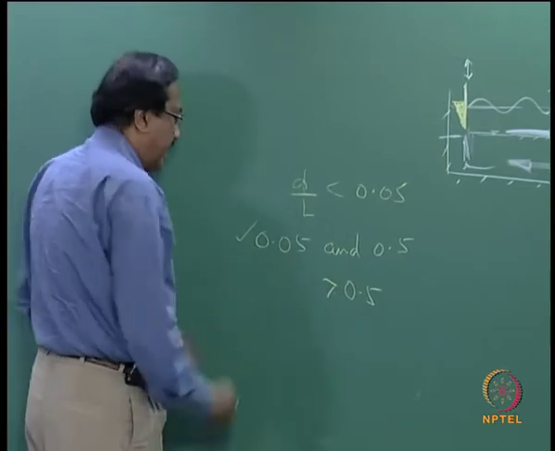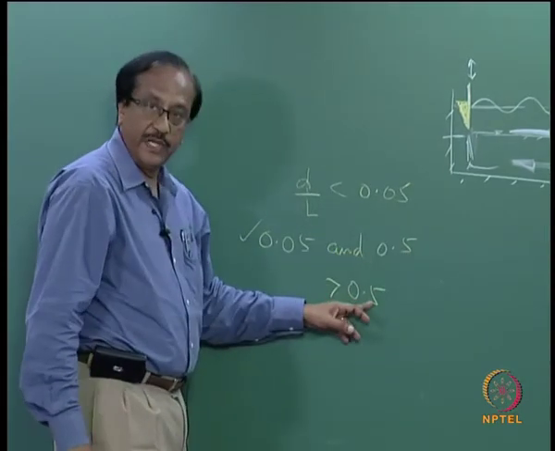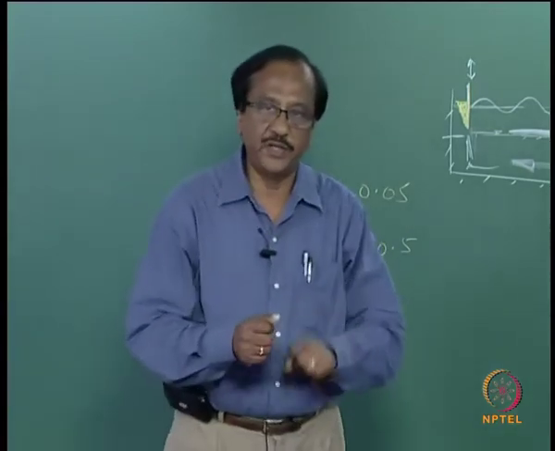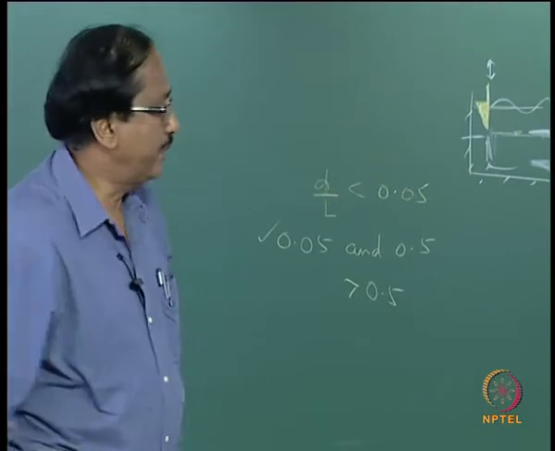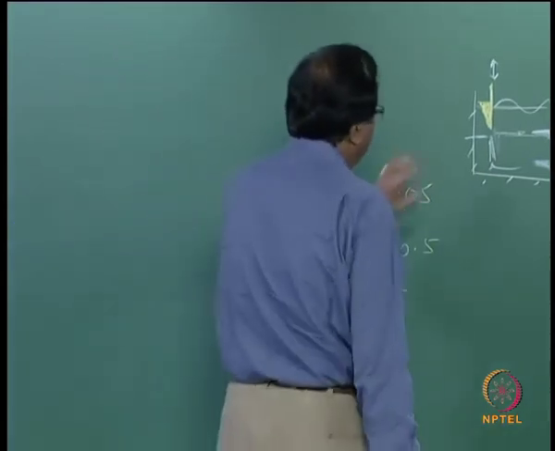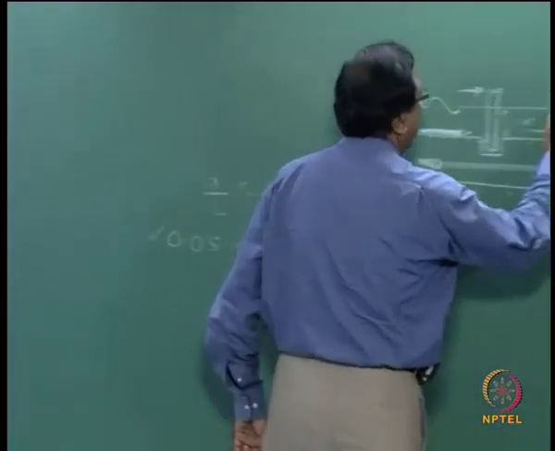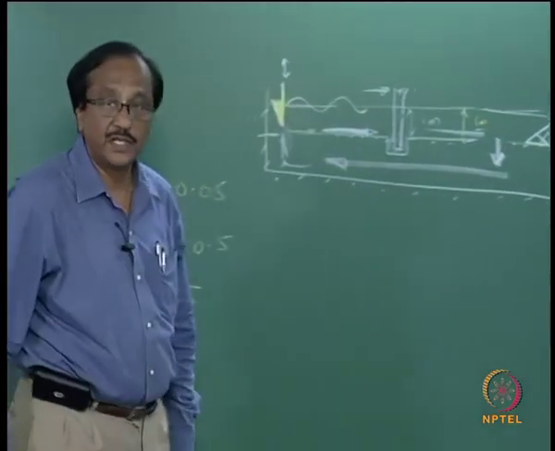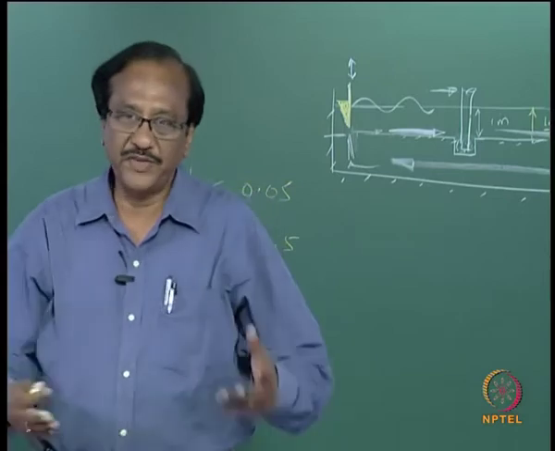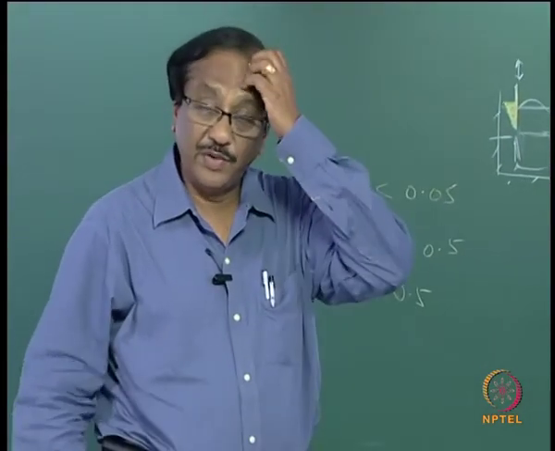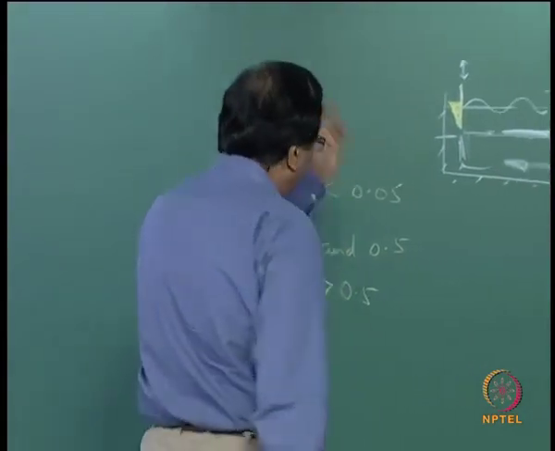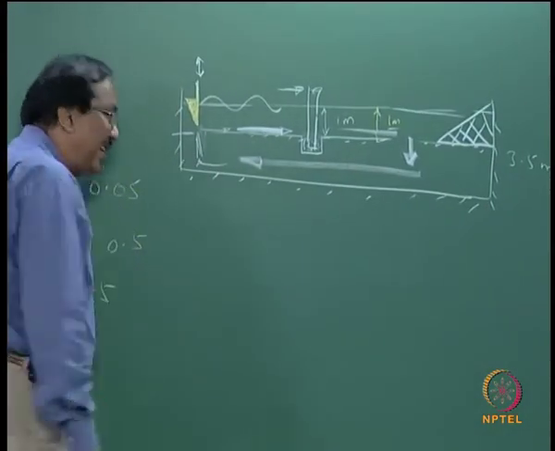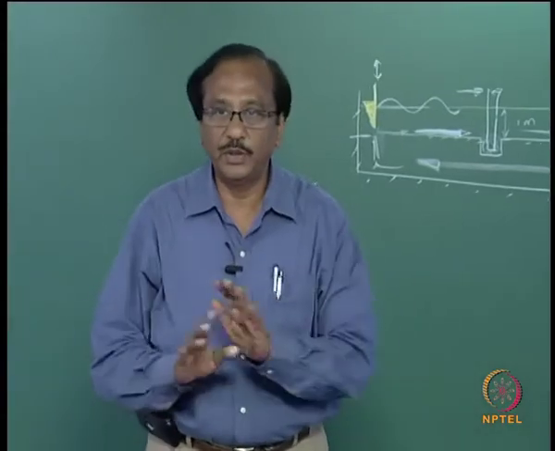Although you will be mostly covering this range, you will still be able to reach this limit for certain combinations of the water depth, because in this case the water depth is more or less fixed as 1 meter, it is almost a constant water depth. But the facility, you cannot have all the things in one facility. To begin with, this was a better way. This could generate only the regular waves, no random waves.